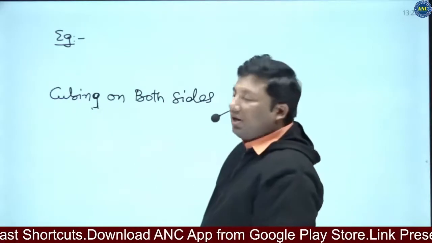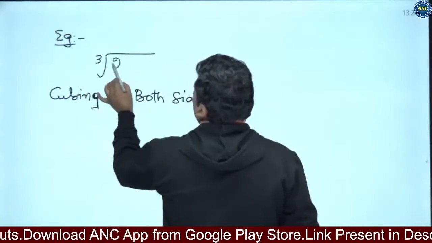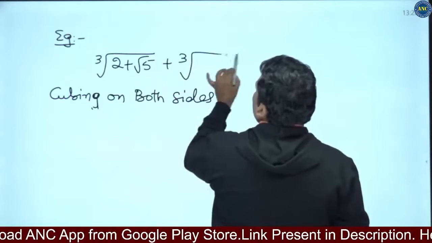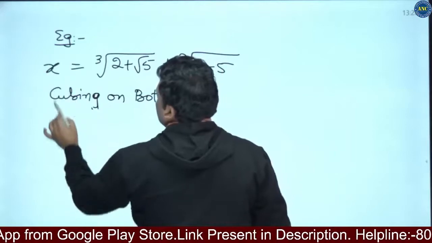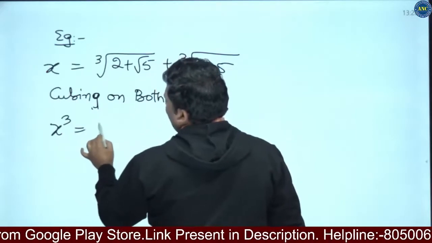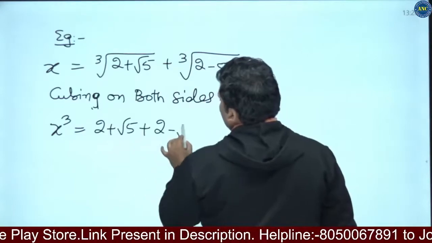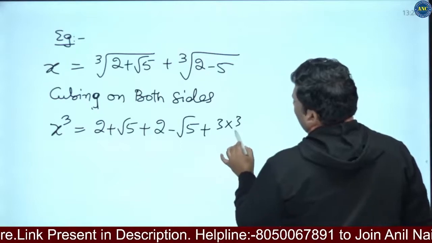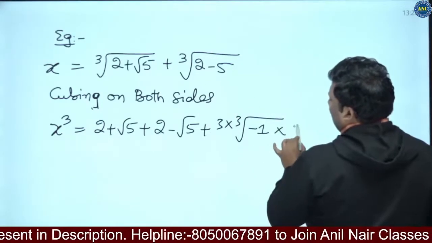I wanted to show you an expression. The cube root of 2 plus root 5 plus the cube root of 2 minus root 5 equals x. You will understand why I am changing the question. x cube equals 2 plus root 5 plus 2 minus root 5 plus 3ab, 3 into the cube root of 4 minus 5, which is minus 1, into x.